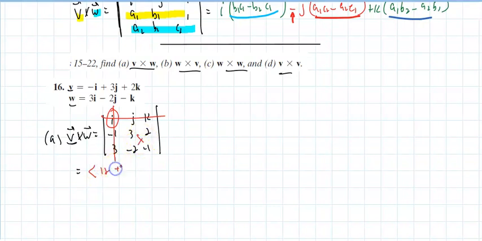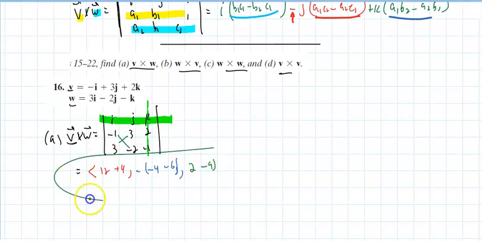12 plus 4, negative the J, negative 4 minus 6, and the K component would be a 2 minus 9.